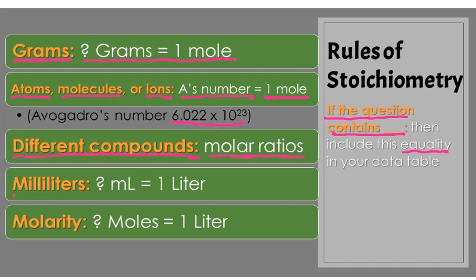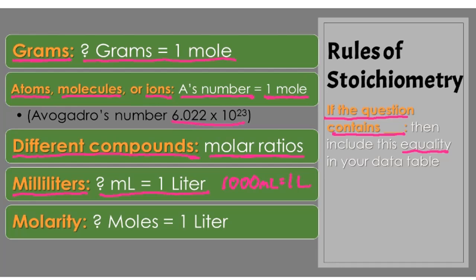And if it has milliliters in the question statement, then you want to have a conversion factor of how many milliliters of that substance equals 1 liter. And of course, 1,000 milliliters equals 1 liter.